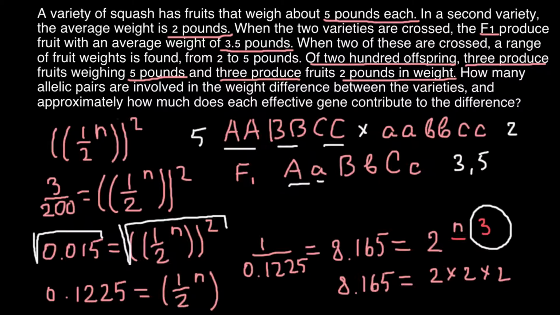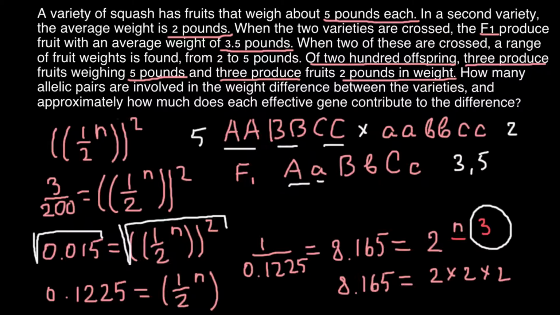And here we also have 6 recessive alleles, and the phenotype would be 2 pound fruits. So we have to divide 2 by 6. So we would know how much each recessive allele adds to the trait. And of course, when we know these two numbers, we can easily find the fruit weight of this genotype.